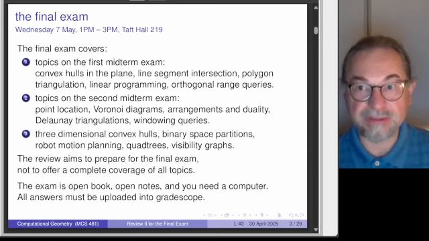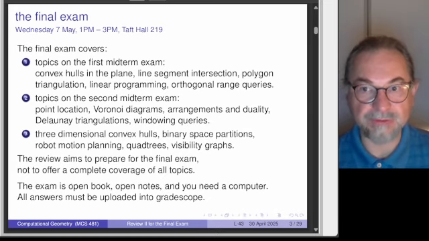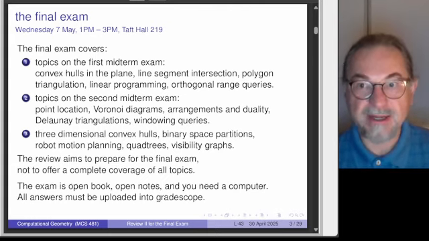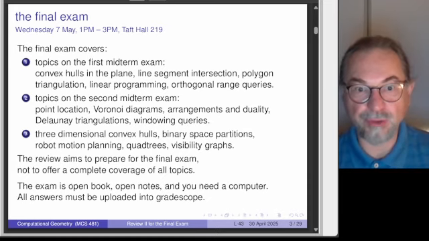And also, of course, there is the second midterm exam. The exam is open book, open notes, so you have access to all the slides. The answers need to be in a Jupyter notebook. You can also take pictures of the drawings that you have made and upload them as well.